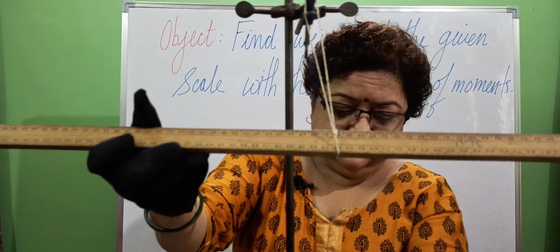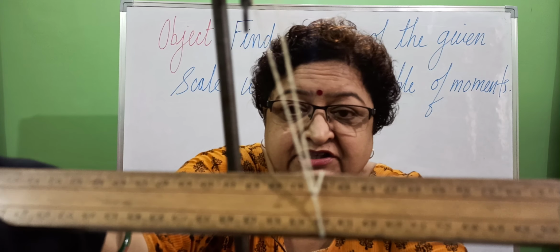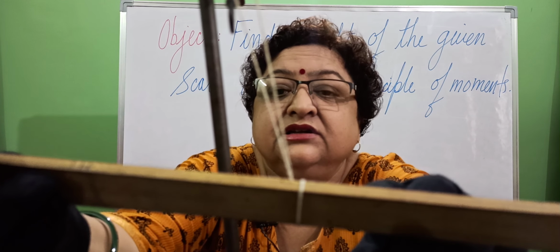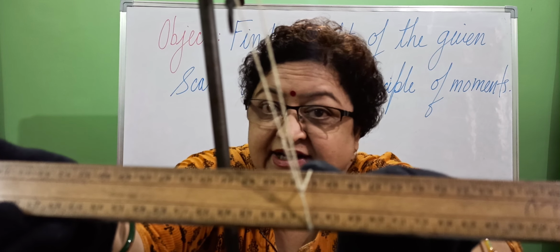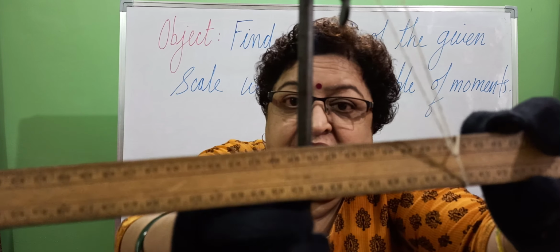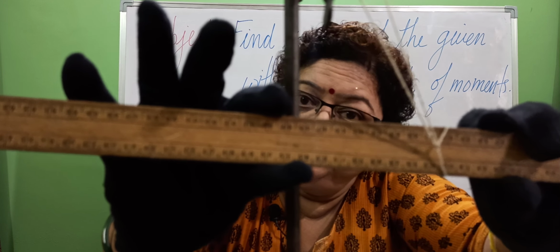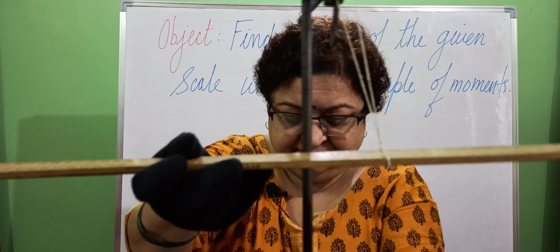You can see that I shifted the point of suspension to the 40 centimeter mark, right? And the weight of the object is acting at 50 centimeter. Okay. Now see what happens.